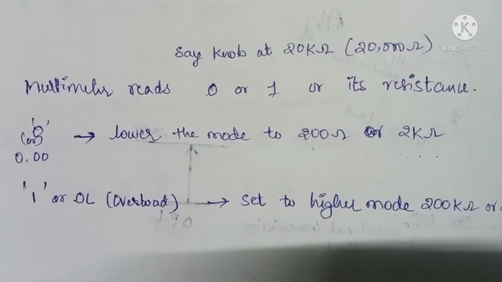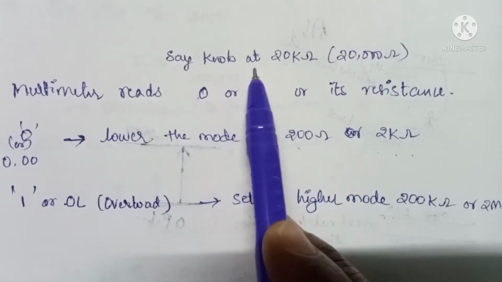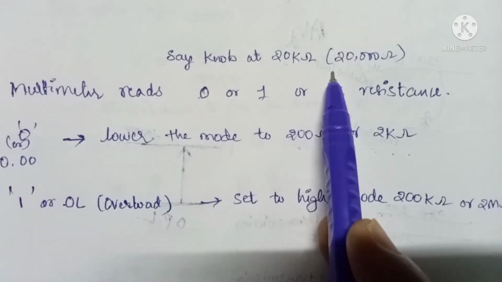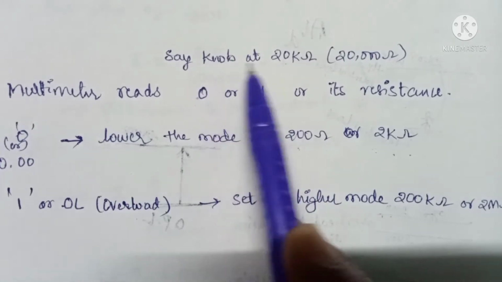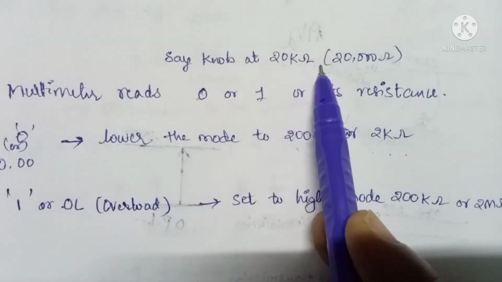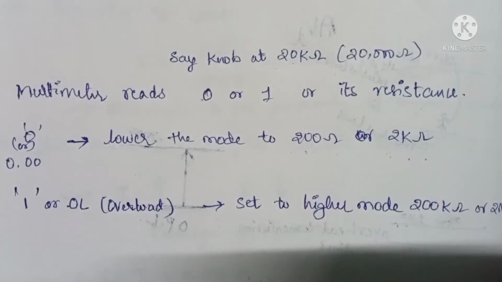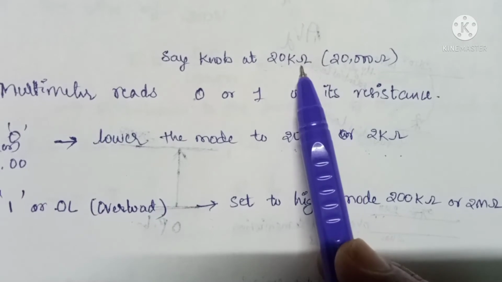To measure the resistance of the bulb using a multimeter, set the multimeter in ohmmeter mode and set the knob at 20 kilo ohm. That means the bulb resistance may be around this value.